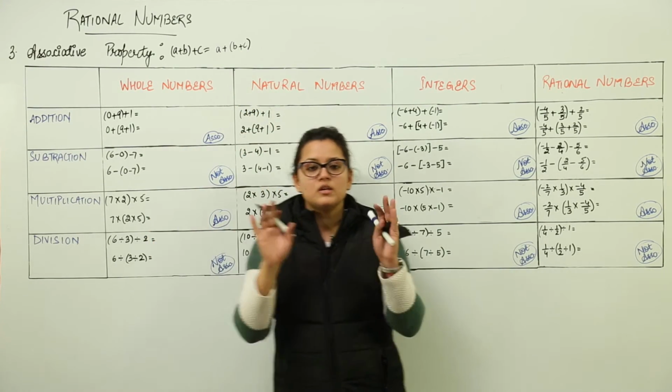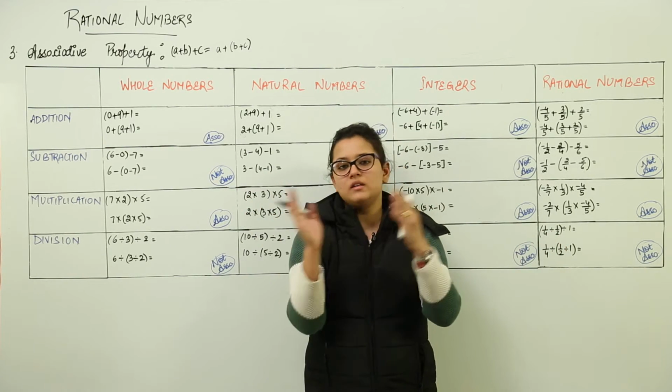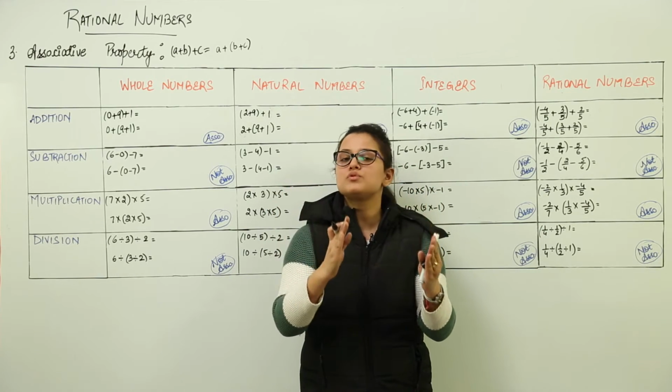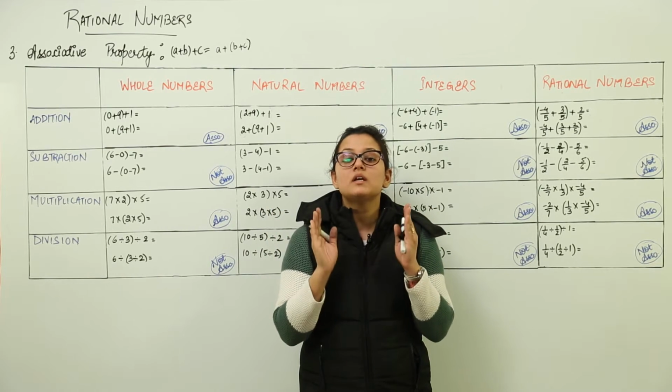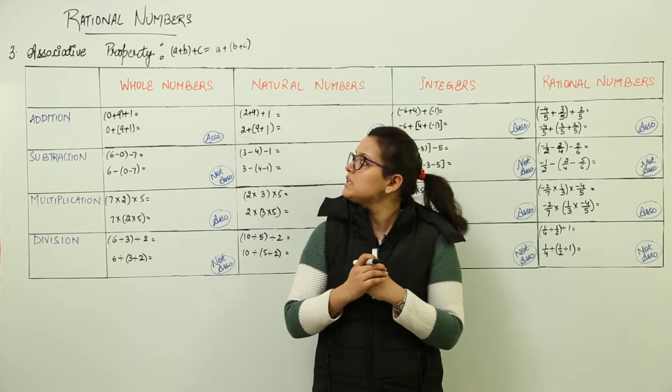That means you have three numbers. First two sum, you add the third one. Or you add the first term to the sum of the last two terms. The choice is yours. But the answer would remain the same. That is what my associative property says.